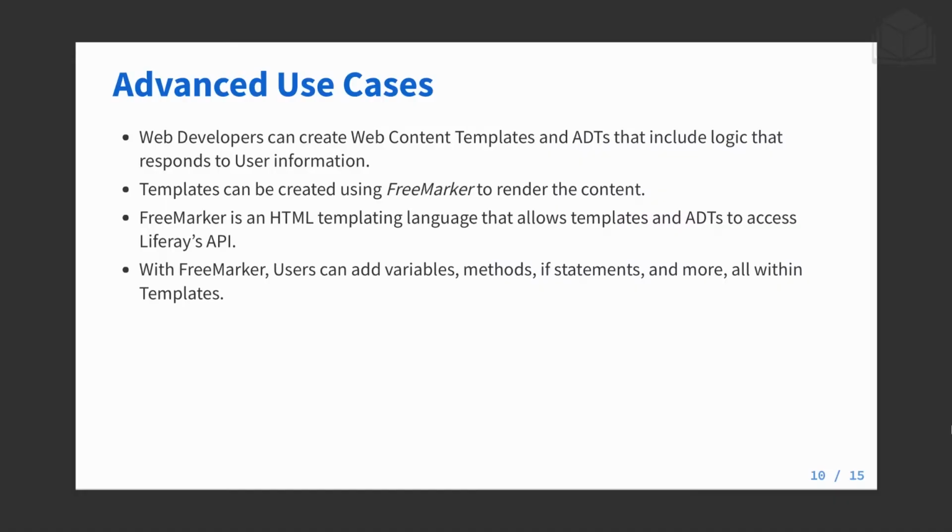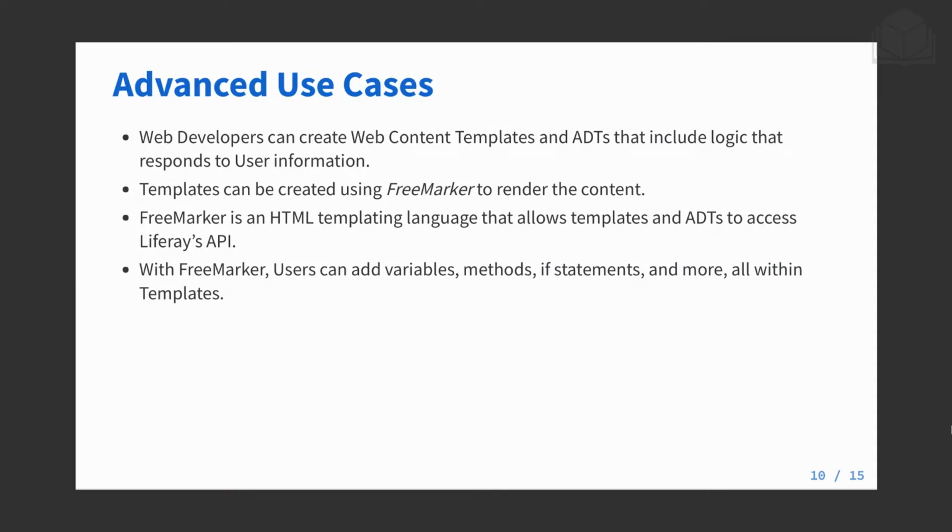As I mentioned in previous sections, we have our web content templates and we have our application display templates. Those are two ways that we can add code to control the presentation of either web content or some of our other assets on the platform. What you can do in FreeMarker is set variables and take advantage of Liferay's API.